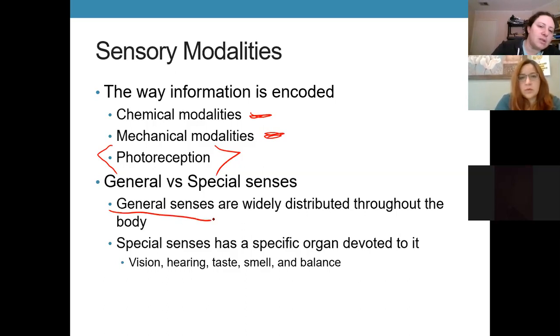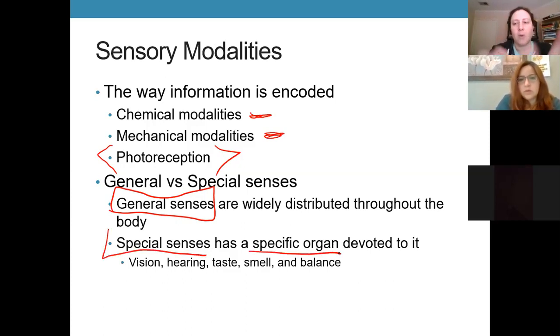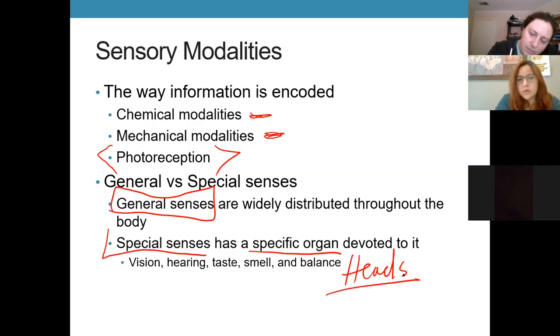General senses are any sensory receptors that are widely distributed throughout the whole body, whether internal or external. The special senses not only have a specific organ devoted to them, but they're very focal, and all of our special senses are located on our heads. So if there's something you can only detect with your head, it's a special sense.